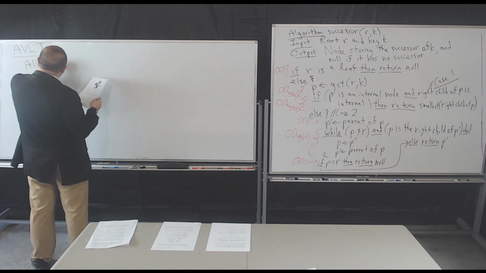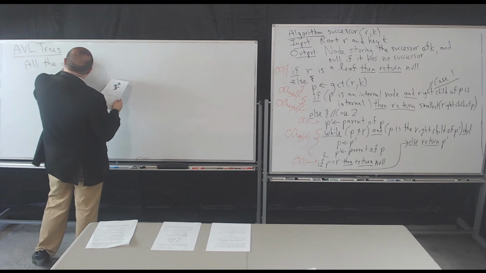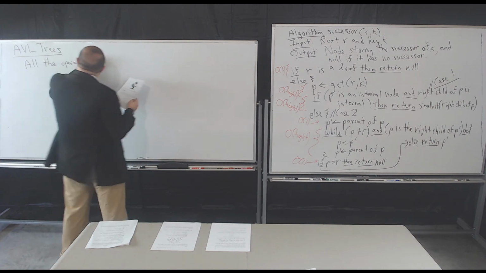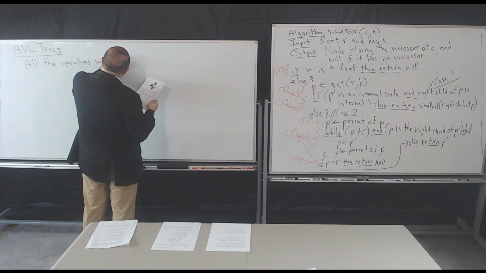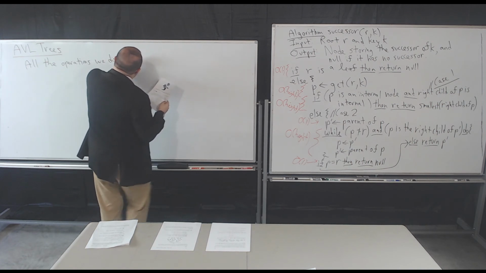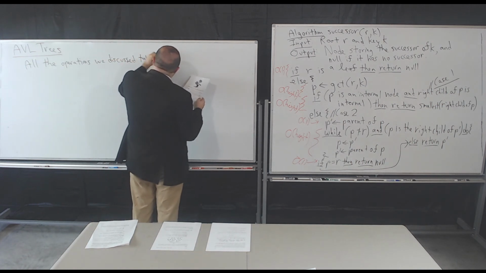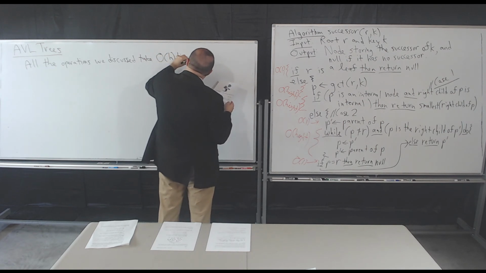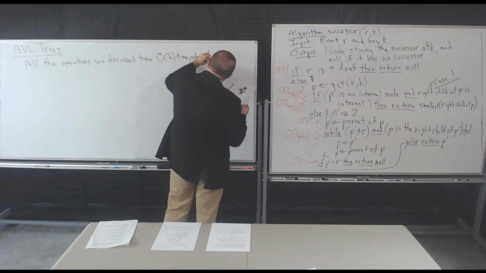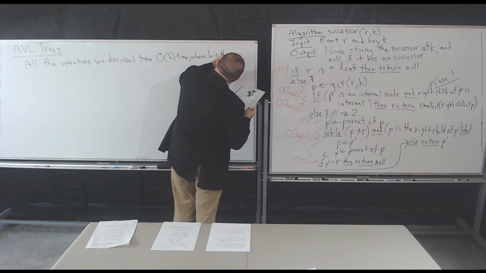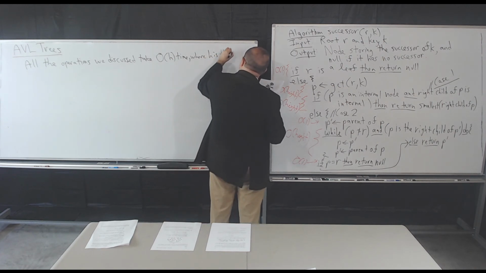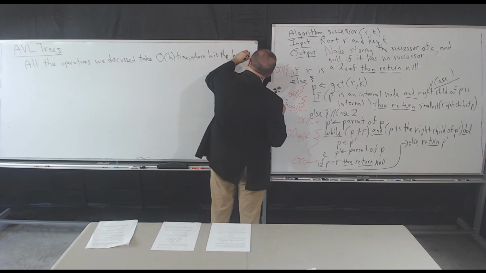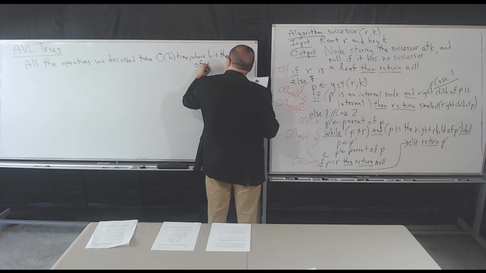So all the operations we discussed take big O of H time, where H is the height of the binary search tree.